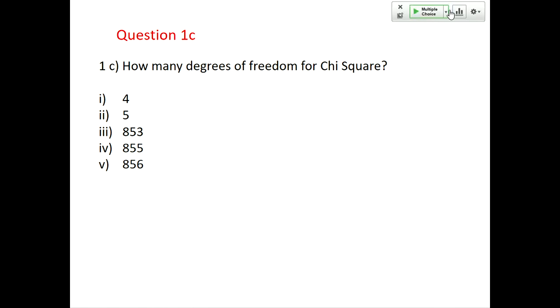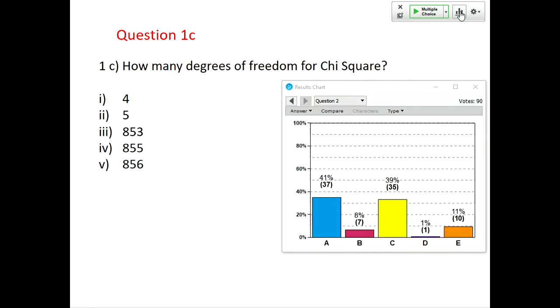Okay, let's see what you answered. Okay, so you're torn between these two. All right, so what's the answer here? The answer is A, 4. Okay, so that's the answer, and let's write that down.